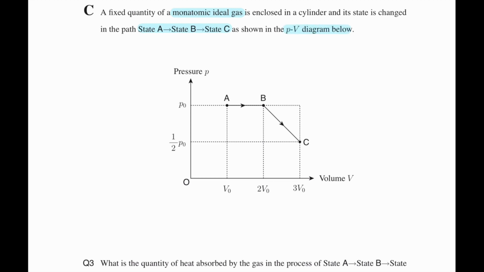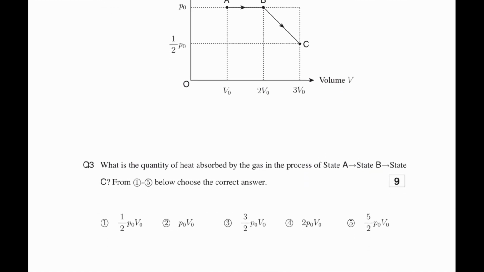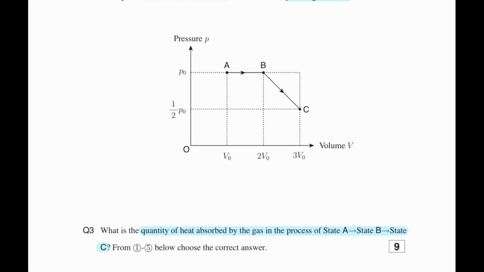So we have a PV diagram. The question wants us to find the quantity of heat absorbed by the gas in the process A, B, C. To solve a question like this, you have to remember the first law of thermodynamics.